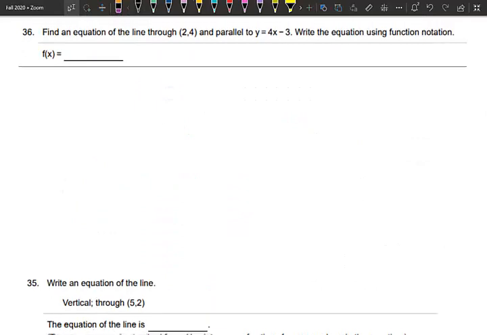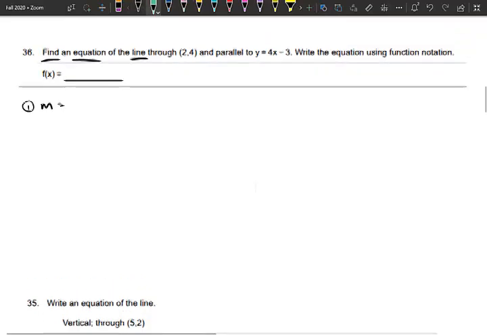All right, number 36. Find an equation of the line through (2, 4) and parallel to y equals 4x minus 3. Write the equation using function notation. Okay. It says find the equation of the line. That means we're going to do those steps. So our first step is to find the slope. It tells us something special about the slope.